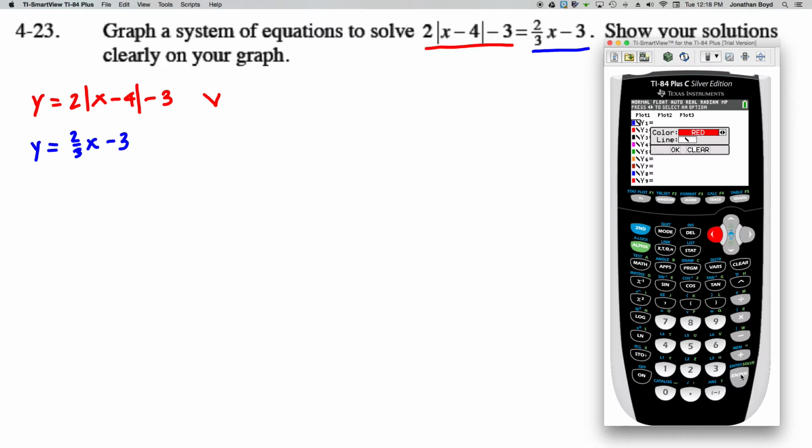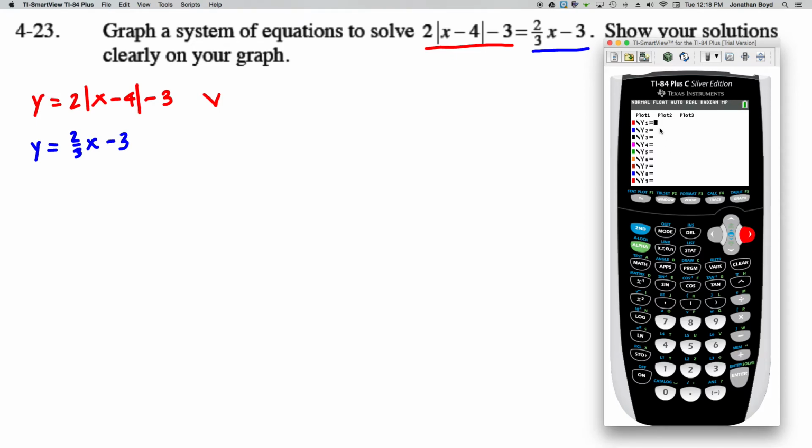I'm going to hit enter, and that's fine. Enter, enter. And I'm going to go down and change my second one to blue here. So my cursor is over it. I'm going to press enter, and press left once. There it is. Enter, enter, enter. All right, now that'll coordinate the colors here for us so it won't be as confusing.